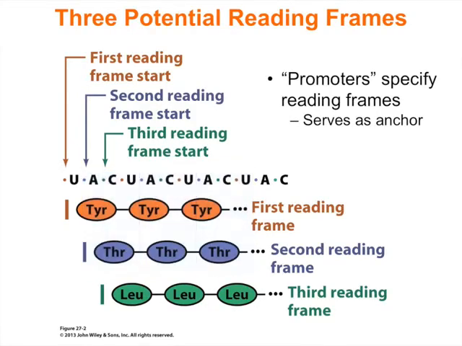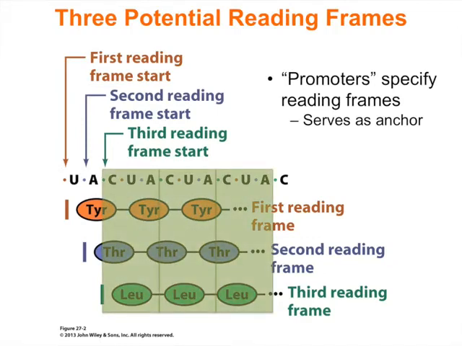And the same thing goes for the third reading frame. This code CUA translates into leucine. So the promoter really serves to anchor where the mRNA starts. And then where the mRNA starts will influence which amino acid is the first amino acid in that protein.